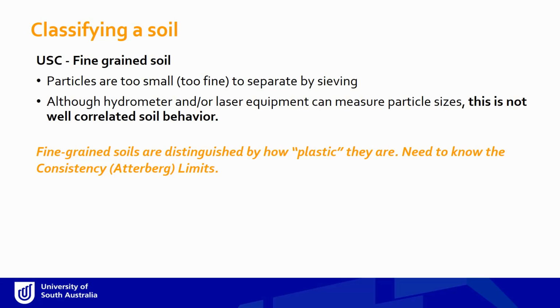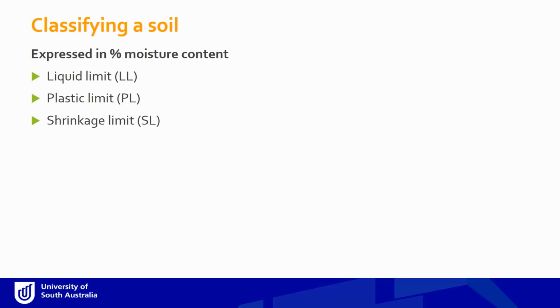Plasticity is just a word that indicates how attracted the soil is towards water, that is, the affinity of the soil towards water. And we often use these three terms, liquid limit, plastic limit, and shrinkage limit, to define the affinity of a soil towards water.